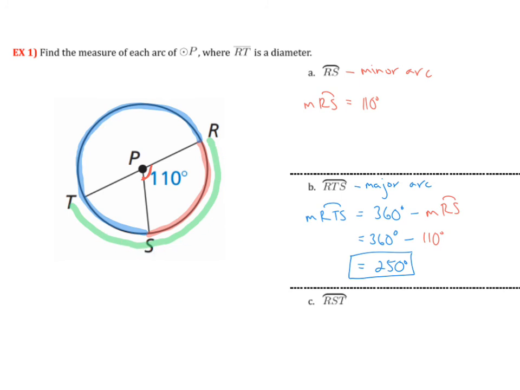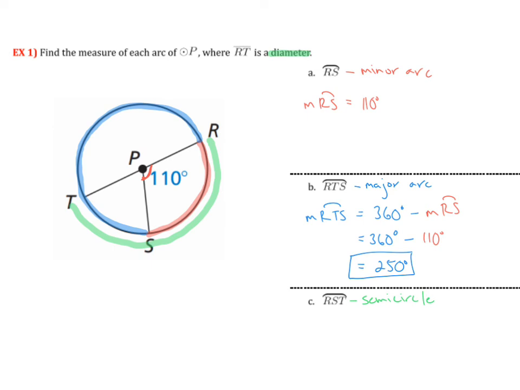And from the problem, they tell us that segment RT is a diameter. So if segment RT is a diameter, and because the arc here starts at the diameter but also ends on the other side of the diameter, this means that arc RST is a semicircle.